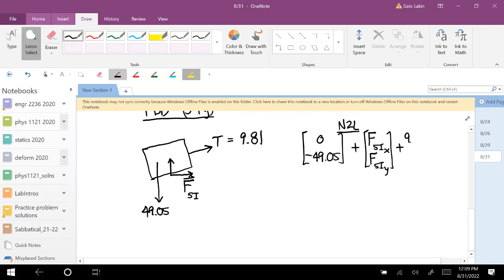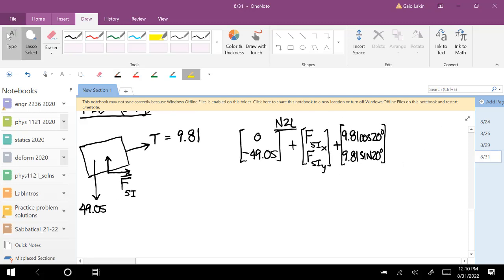So 9.81 times cosine of 20, 9.81 times sine of 20. That's all the forces, and it's at rest, so the accelerations are 0.